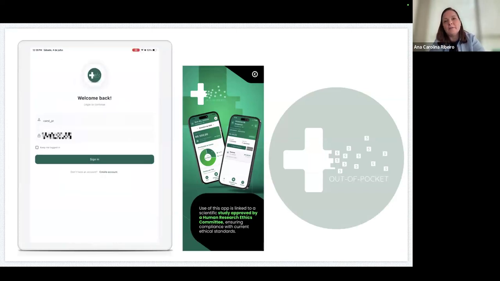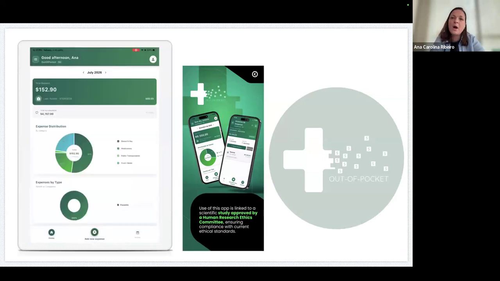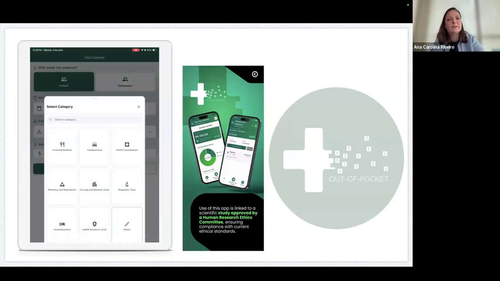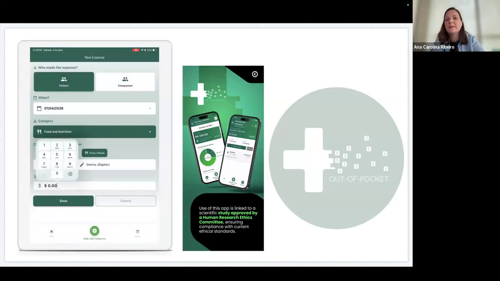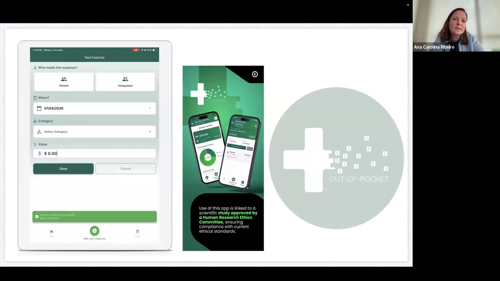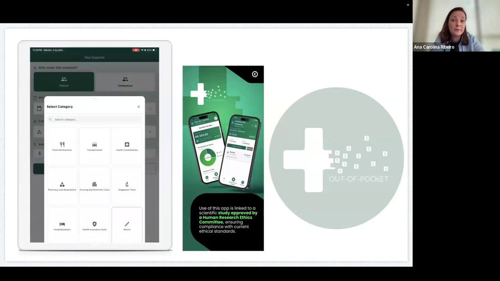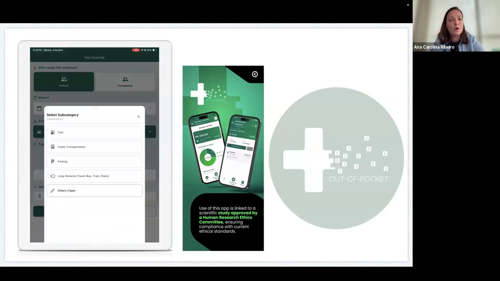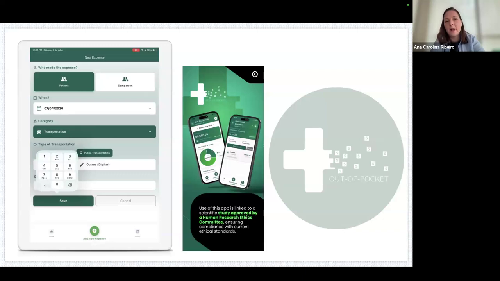Here we have a first video showing how this app works. The video shows how users can enter expenses into the different cost categories and review the information recorded over time. The app is now available on the App Store and Google Play.